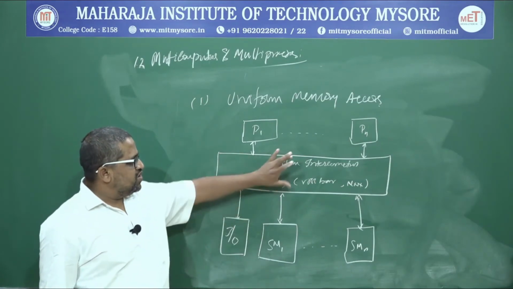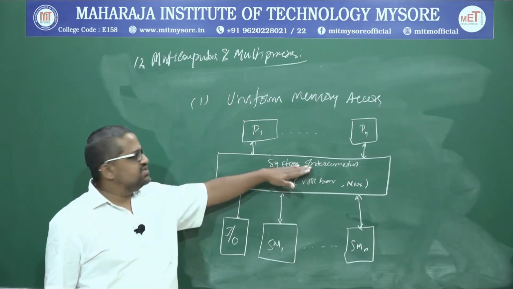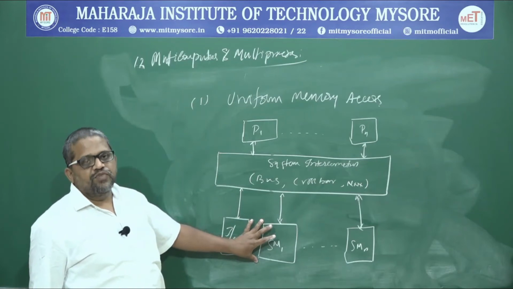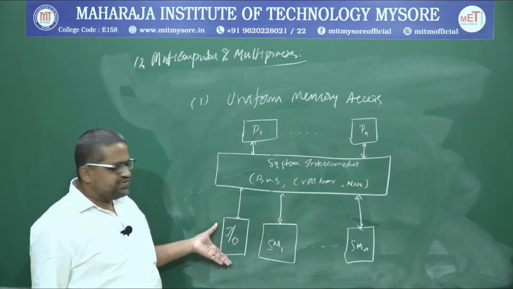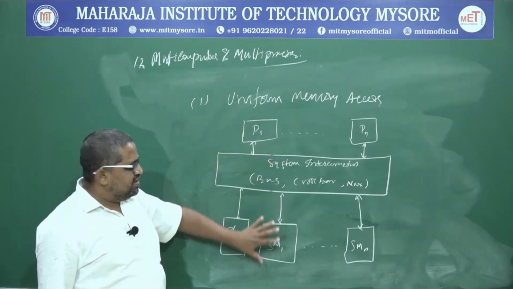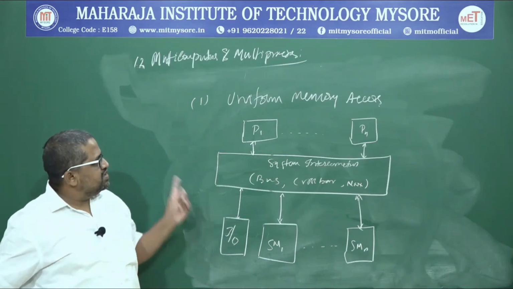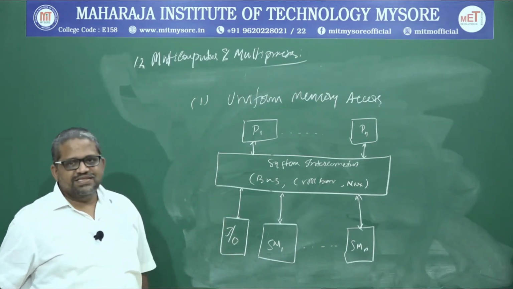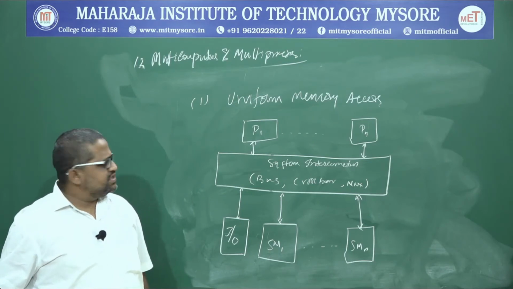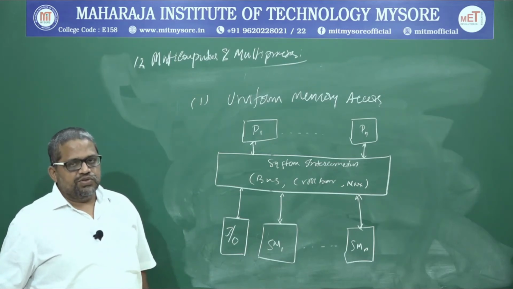But at this point, all the systems are going to be interconnected using an interconnection mechanism wherein each processor is given access to the memory, right. You have an IO interface, and remember every processor has an equal share of accessing any memory module. That is where the concept of uniform memory access comes into picture. Clear with this? This is what your uniform memory access model is all about.